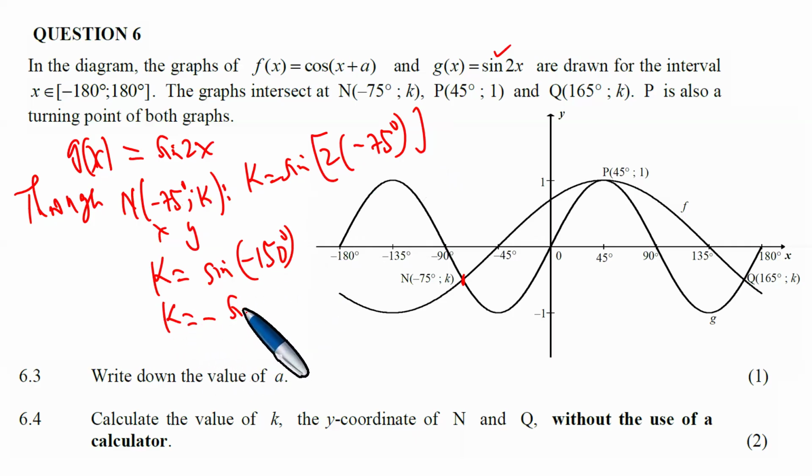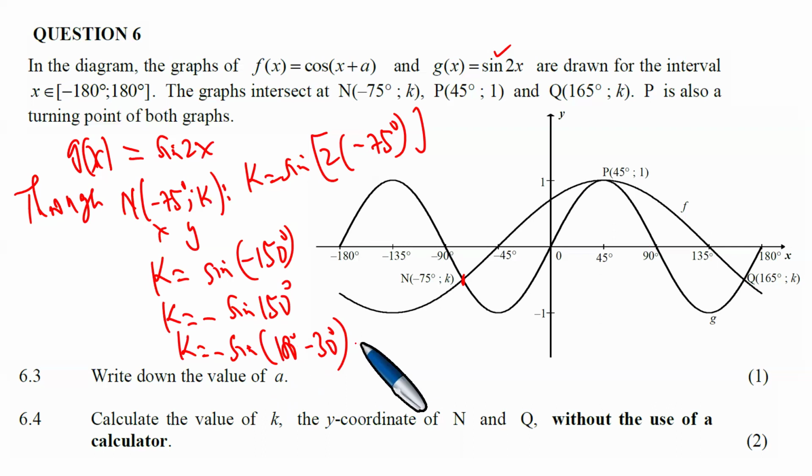And this is minus the sine of what? Of 150 degrees. What is 150 degrees? It is 180 degrees minus 30.